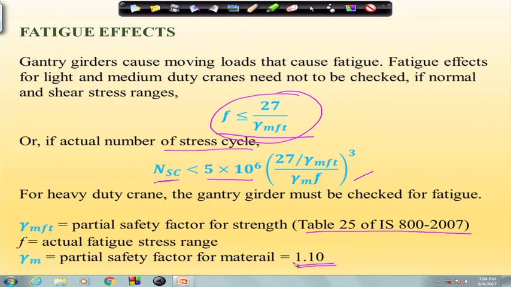Either of these we need to know, and for these cases we do not need to check. However, for a heavy duty crane the gantry girder must be checked for fatigue. So, unless heavy duty cranes are there, we do not need to check, and in case of a heavy duty crane we have to check the gantry girder for fatigue also.